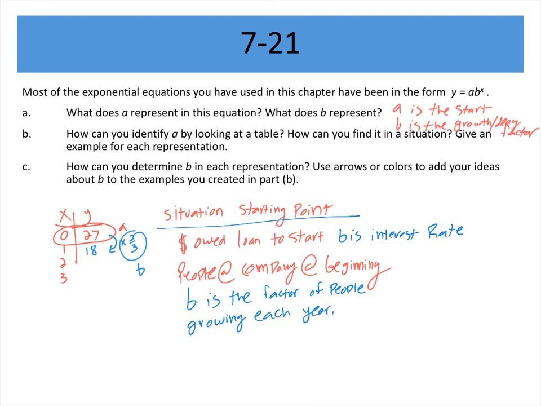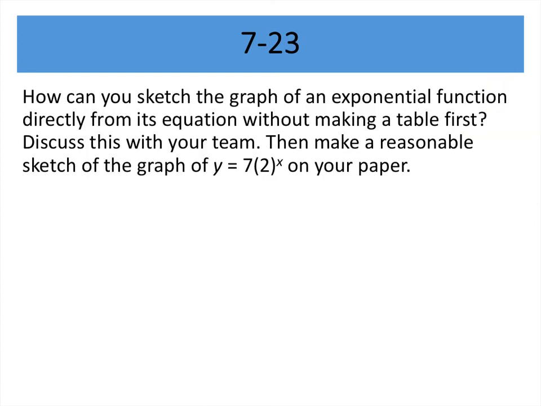Okay, so for both of these situations, the idea is that A is in the red and B is in the blue, to discriminate between the meaning of A and B for a situation. So if I know this for a situation, I can think about y equals A times B to the power of x, this equation we have, as a template for any additional exponential functions.